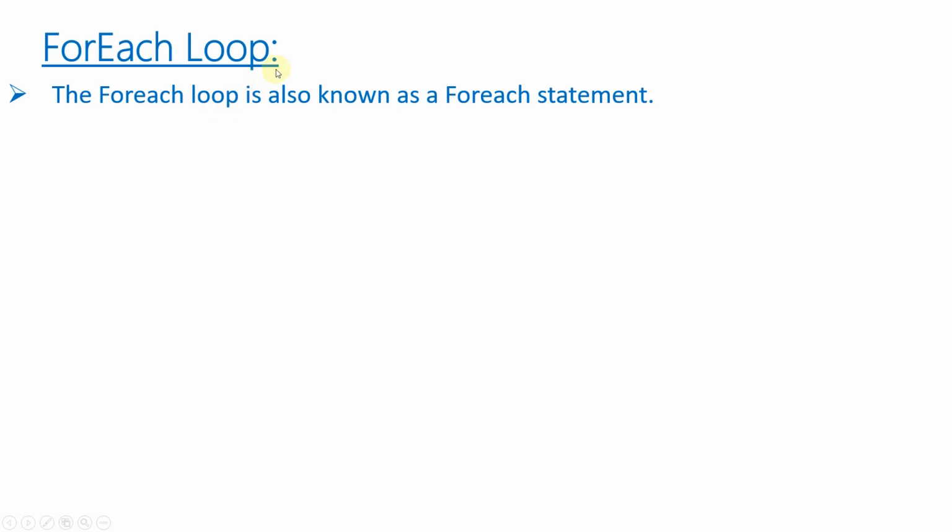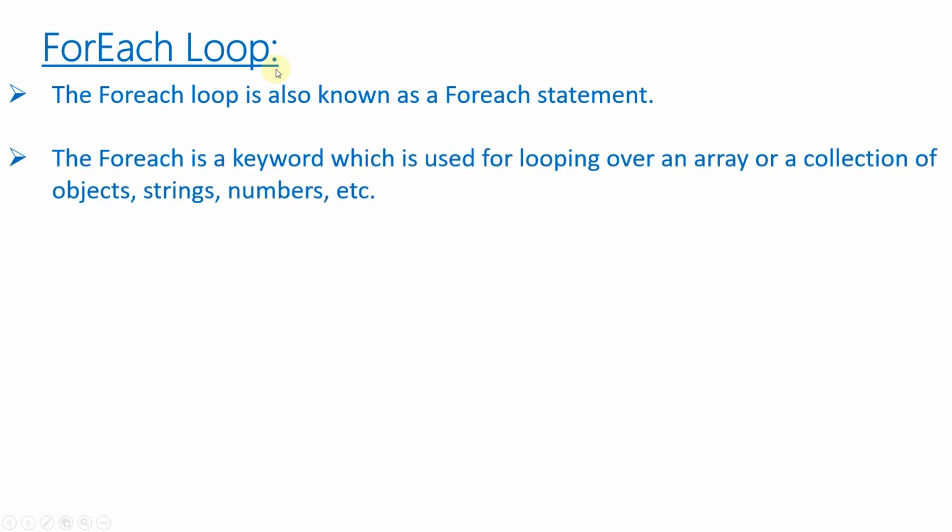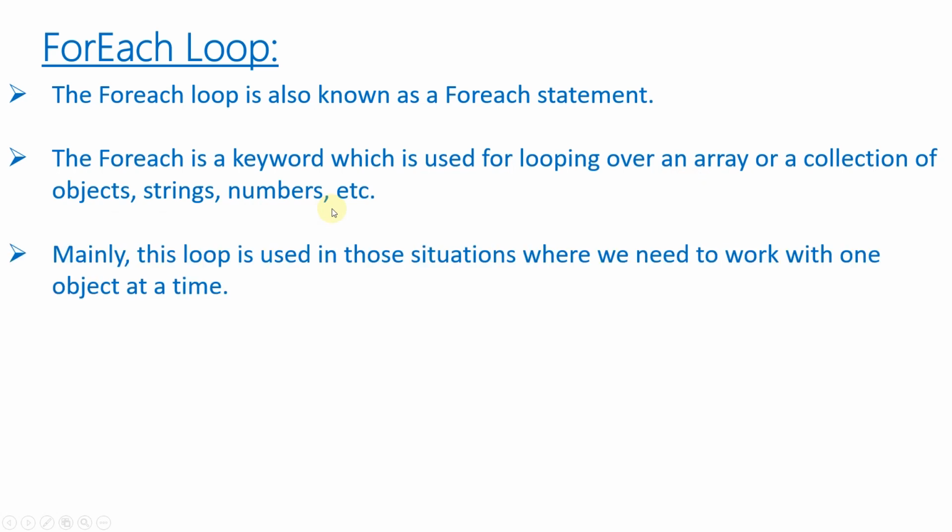And now we will discuss the foreach loop. Like the for loop, the foreach loop is also known as the foreach statement. The foreach loop is used for looping over an array or collection of objects, strings, numbers. So if we have an array or some multiple values and we want to operate on them, then we can use the foreach loop.